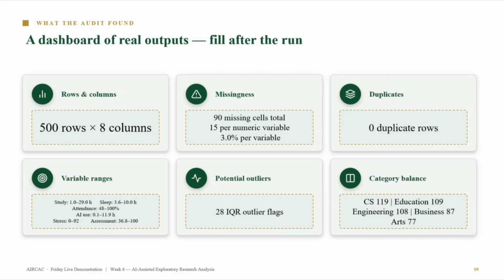Also we have the variable ranges and the potential outliers here. We use the IQR, which provides us the statistical measure between the first quantile, the third quantile, and the fourth quantile.